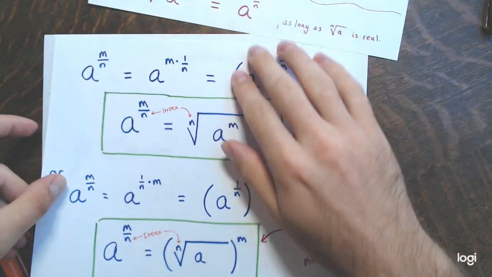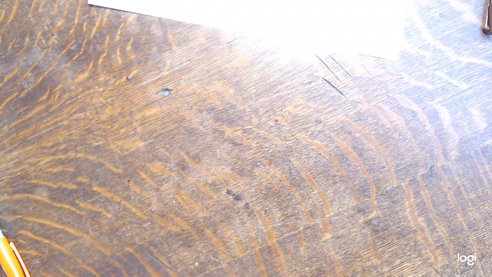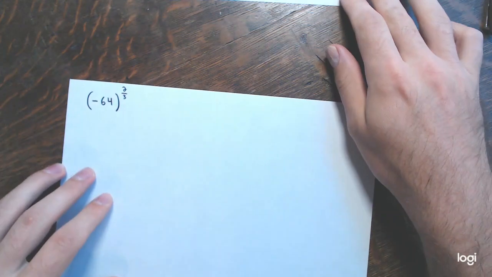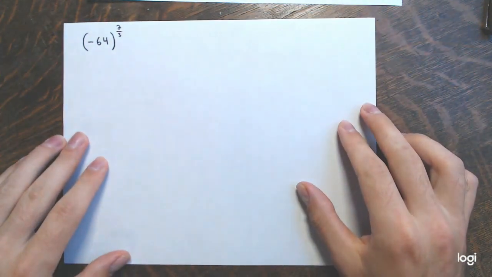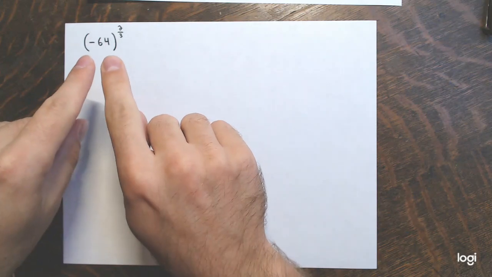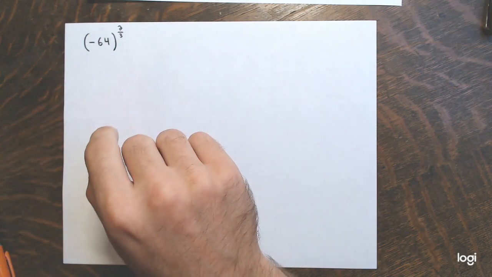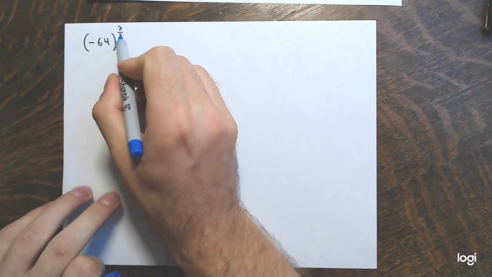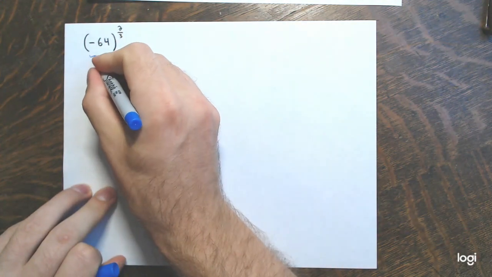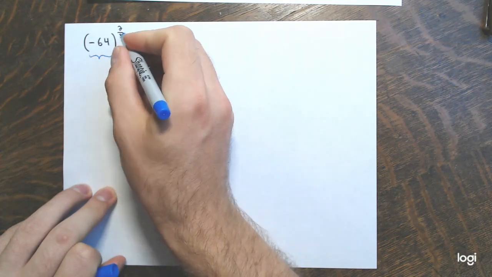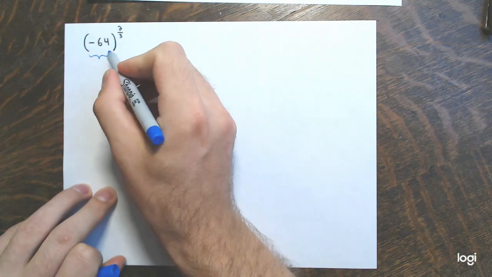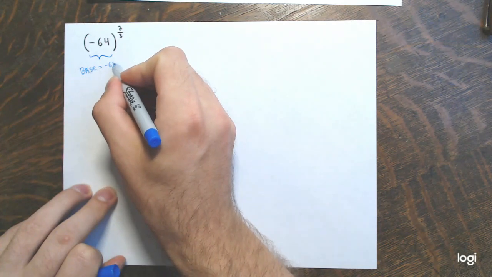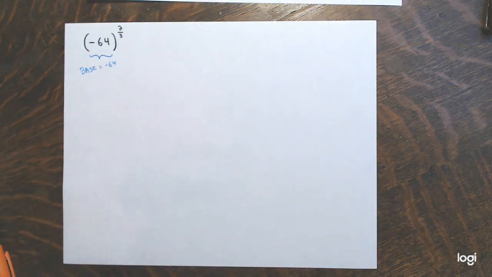Let's get rid of some of this stuff. Here is another one where I have a number to a fraction power. Notice the parentheses. The base on this power of 2/3 is all of this in parentheses, the whole thing, all of -64.